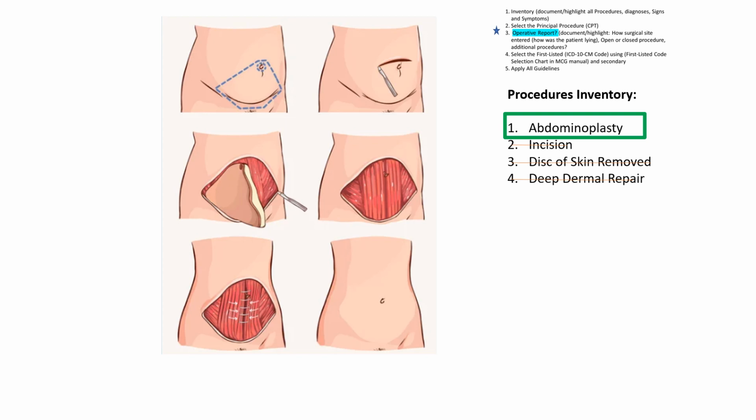Now, let's go and look up our procedure in CPT. So if you go to the index, the CPT index in the front of CPT, you can look up your procedure in alphabetical order.